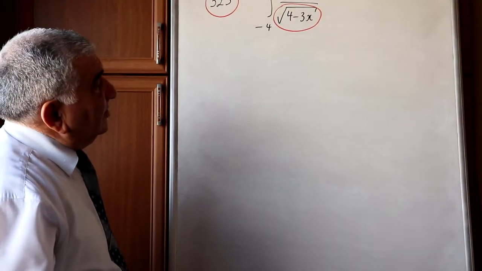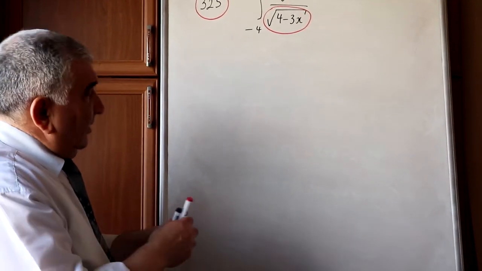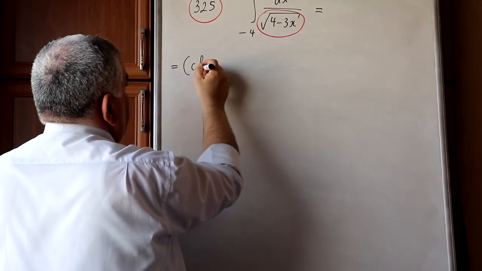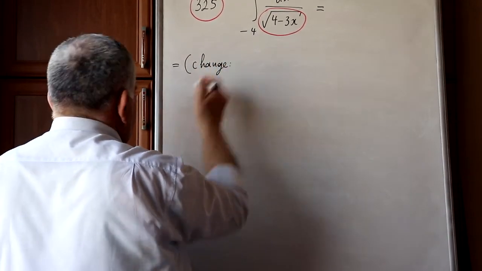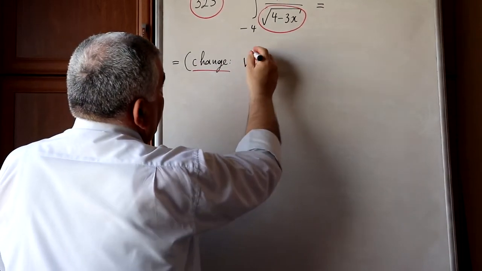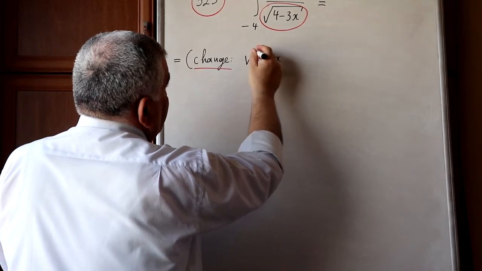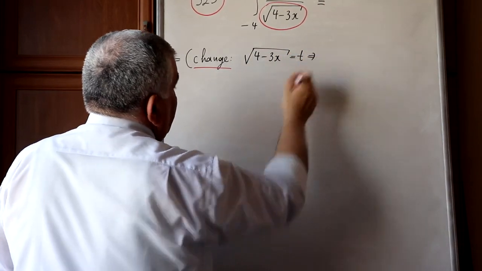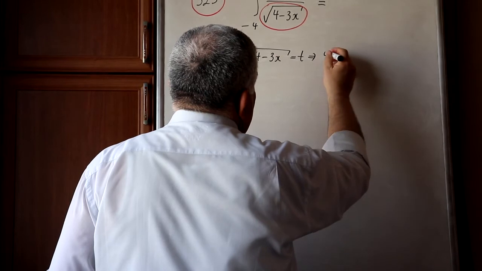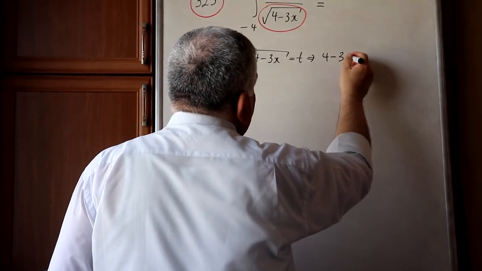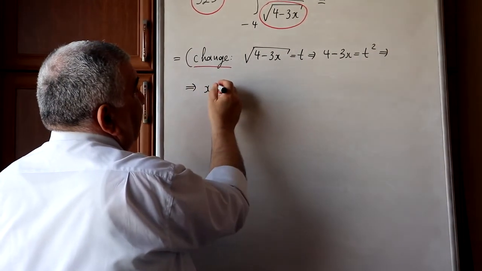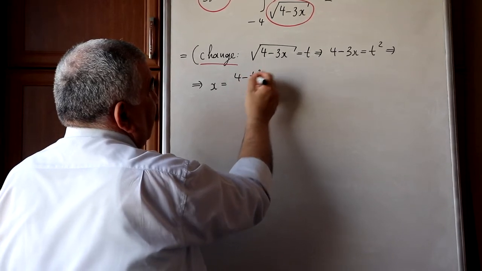Write the change: square root of 4 minus 3x is t. Then square both parts. We'll have 4 minus 3x is t squared, and then find x from here. X is 4 minus t squared over 3.